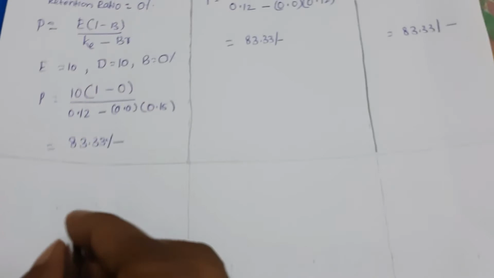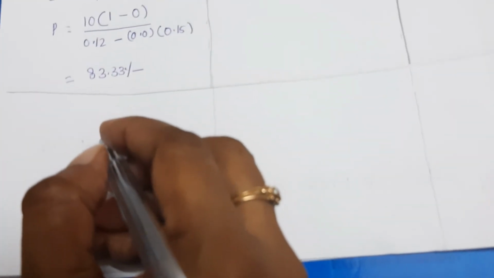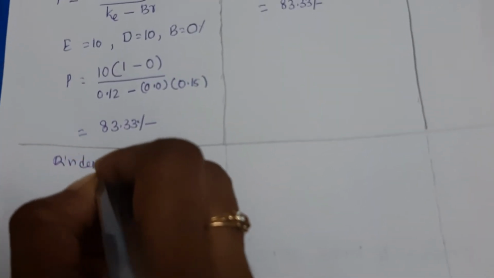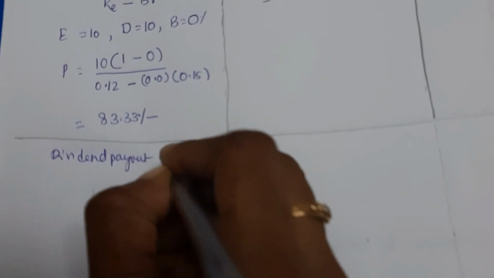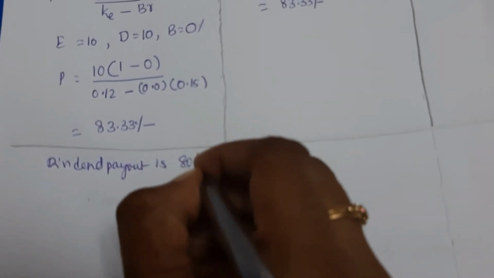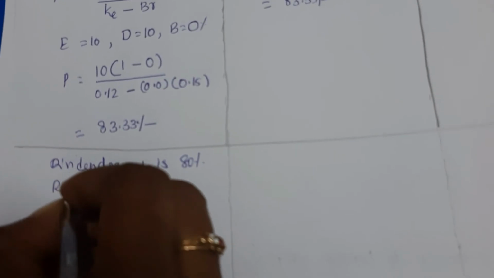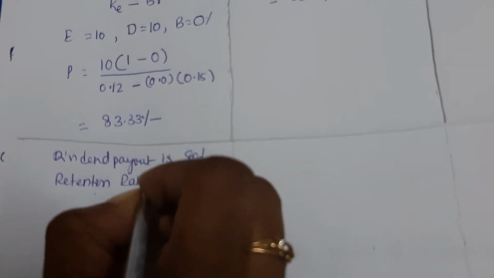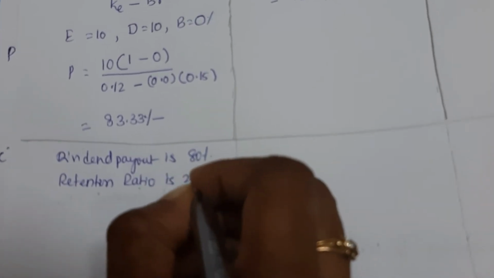We will see now, in case of growth firms, dividend payout is 80%. So that means the retention ratio is going to be 20%.